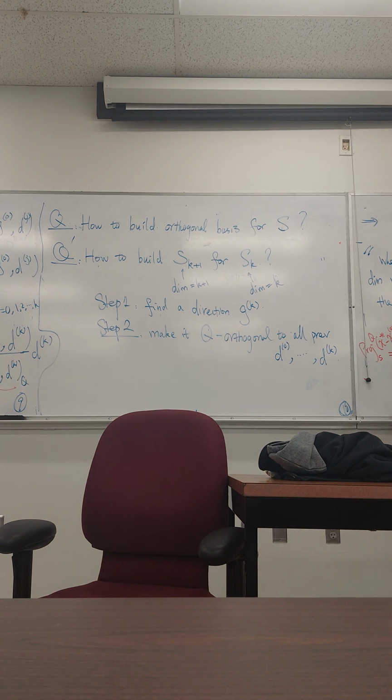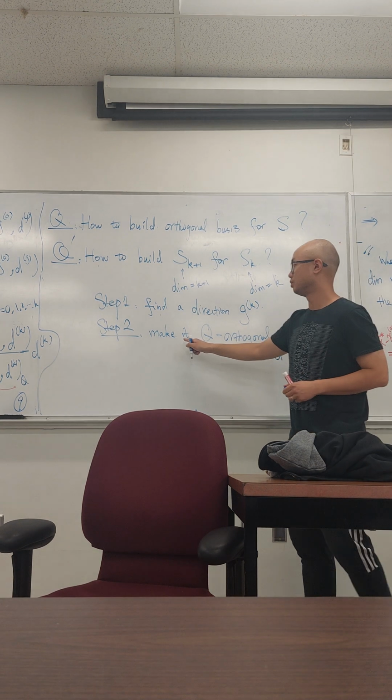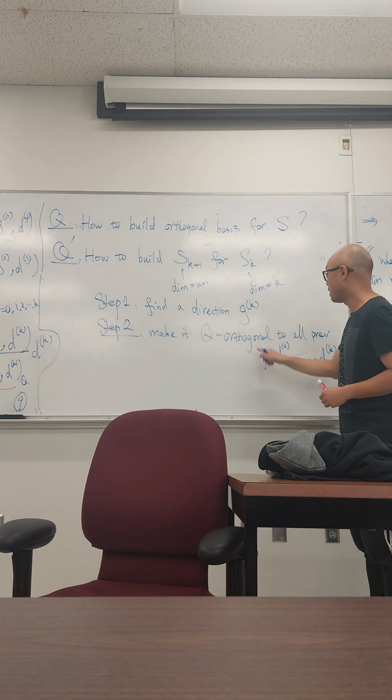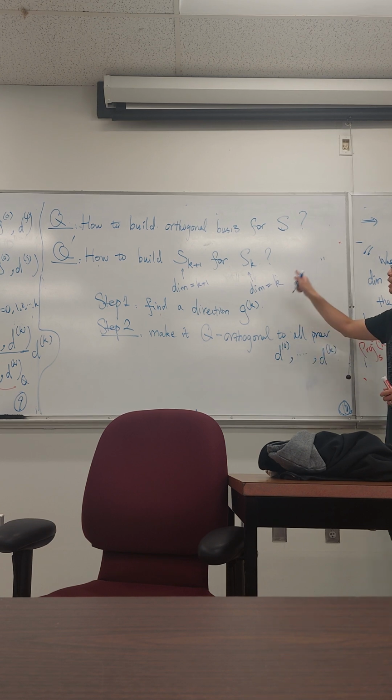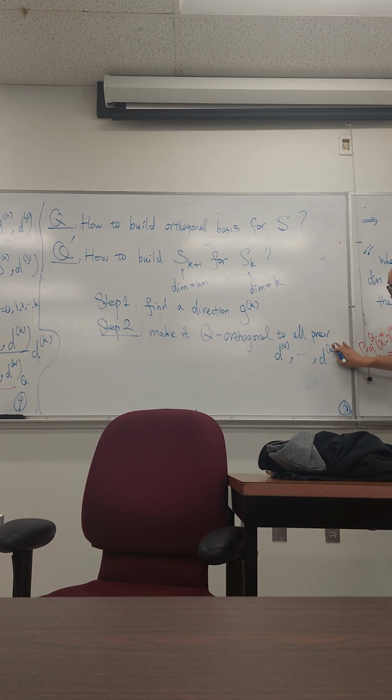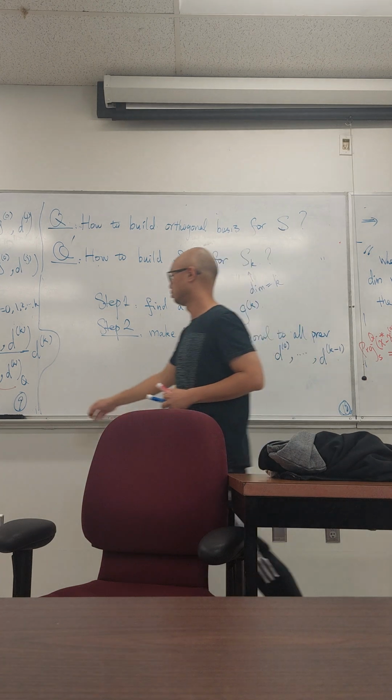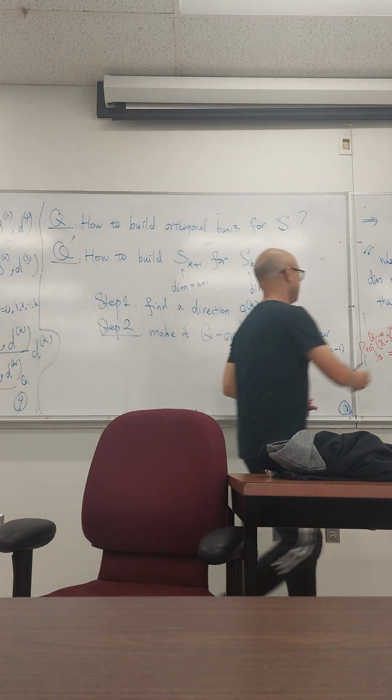And by making it Q orthogonal to all previous d0 to dk minus 1 vectors, we name it dk. So this is like the technical term.